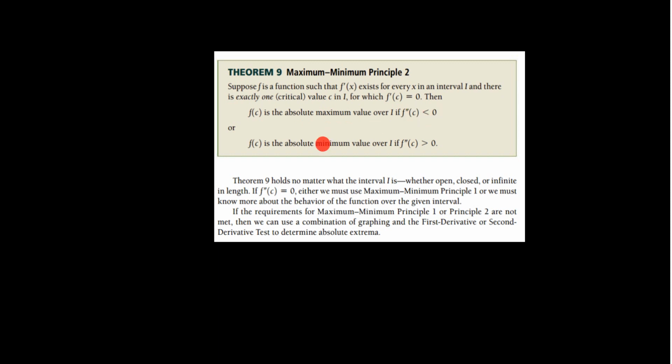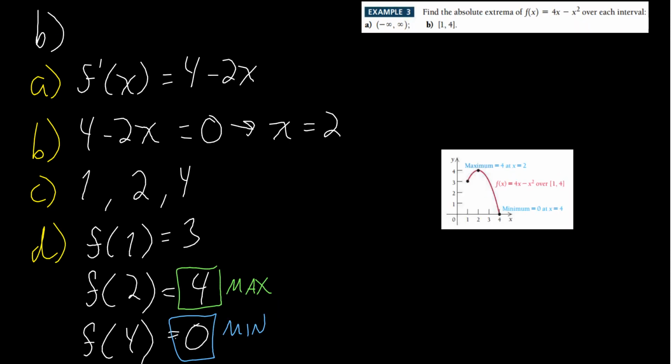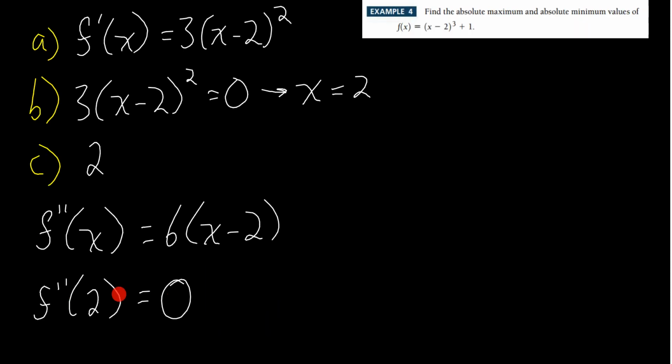We have an absolute minimum if the second derivative is greater than 0. We have no rules for what happens when the second derivative is equal to 0, and that's what we got here. The second derivative at our critical point is equal to 0. So this tells us that there is no maximum or minimum to this particular function. And I think that's pretty cool.